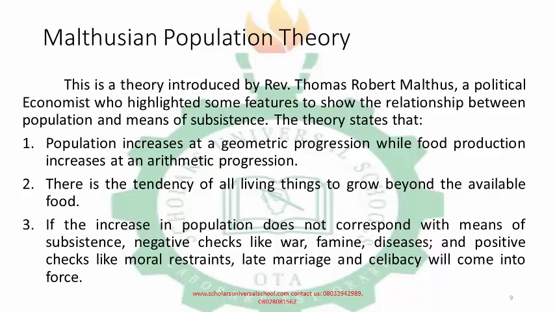This simply means that to check the rate of increase in population compared to the increase in food production, we have to restrain ourselves and abstain from anything that will end up resulting in a high level of population, encourage young people not to marry early so that they will not end up giving birth to so many children, and also encourage the youth or people in the country to live a celibate life, a life where they abstain completely from sex.